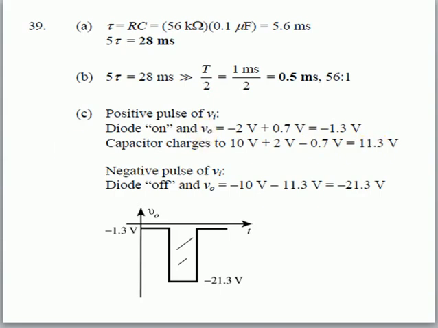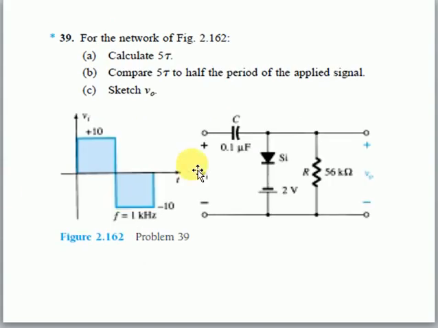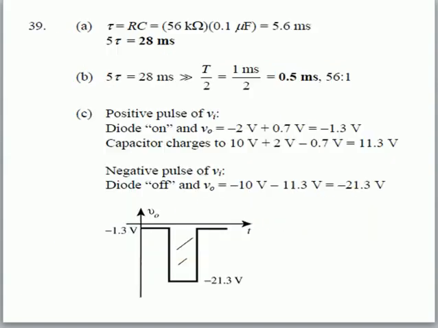Now during the negative cycle, the diode is reverse biased, so this will be an open circuit here. Simply by applying the KVL in this loop, we will get V naught is equal to minus 10 minus 11.3, that is equal to minus 21.3. So during the positive cycle it is minus 1.3 and during the negative cycle minus 21.3 volt here.